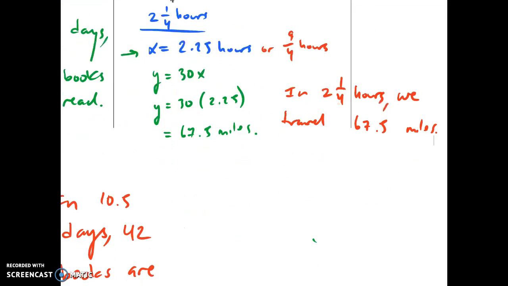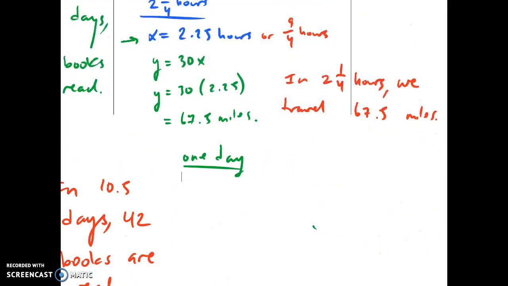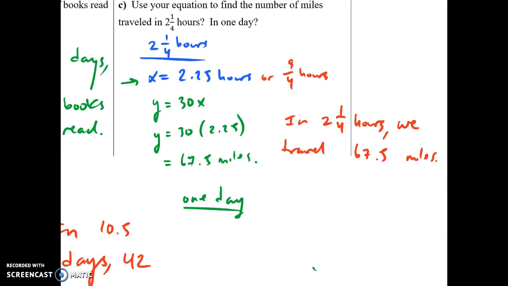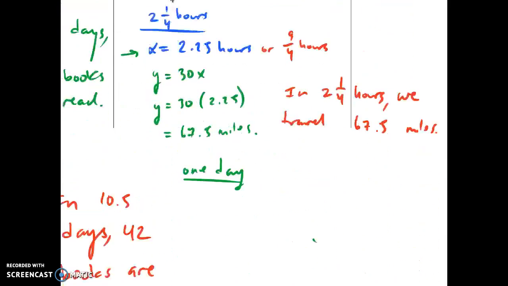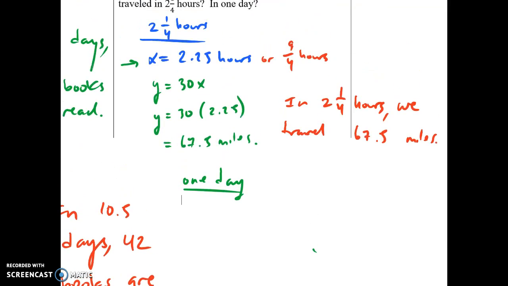Now for 1 day. Now, we have to see what day means in terms of our x. Now, first instinct might be to write x equals 1 for 1 day.